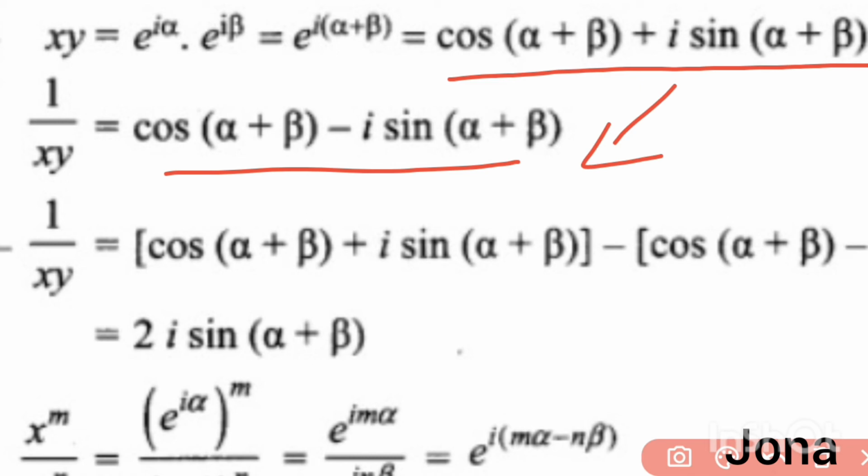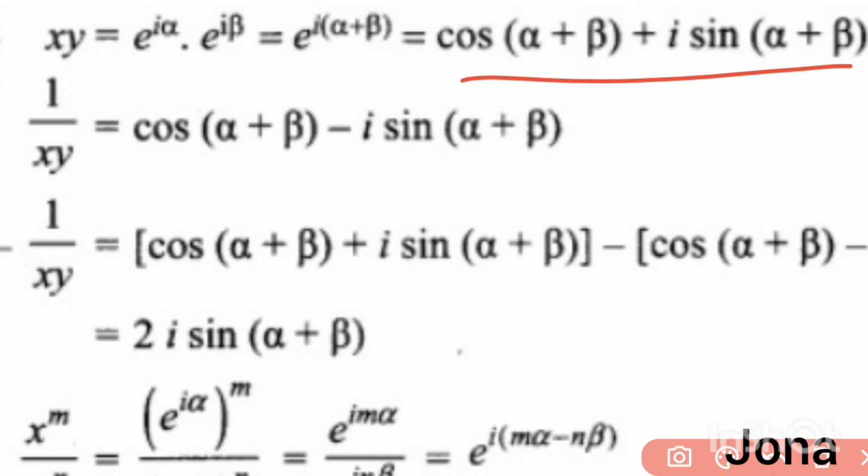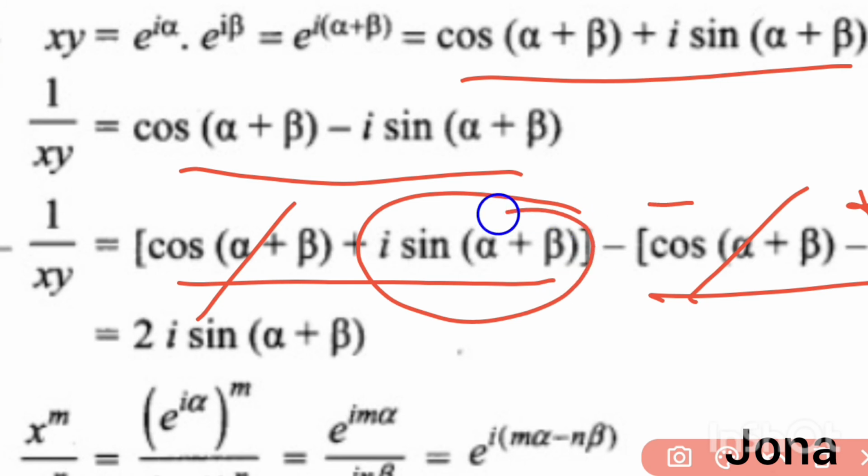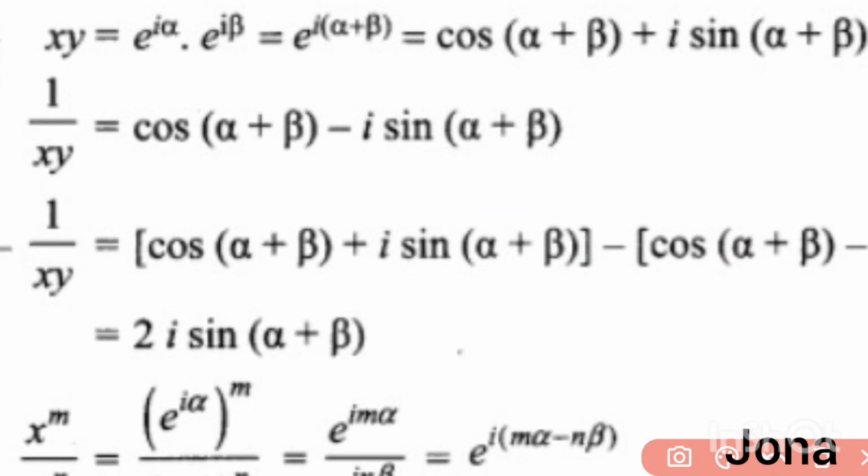Then we subtract both: xy minus 1 by xy. The cos of alpha plus beta cancels, and the imaginary part is 2 times, so it is 2i sin of alpha plus beta.